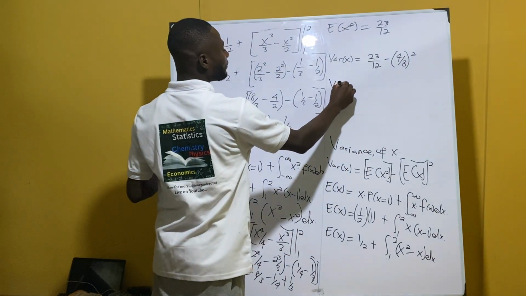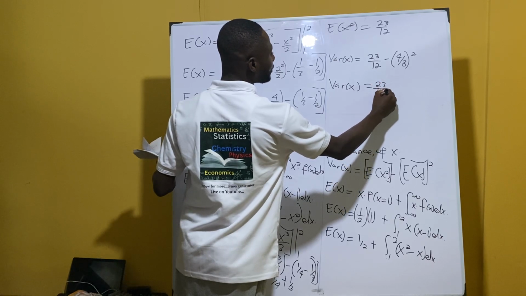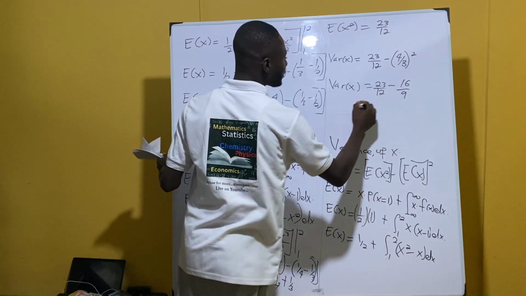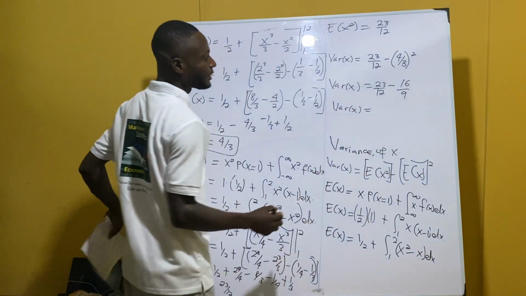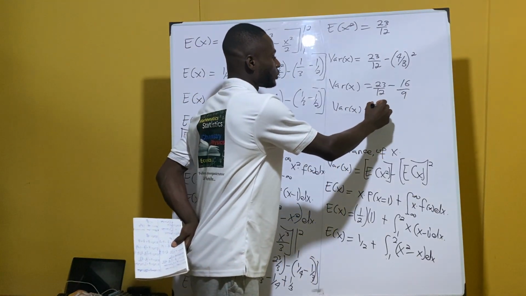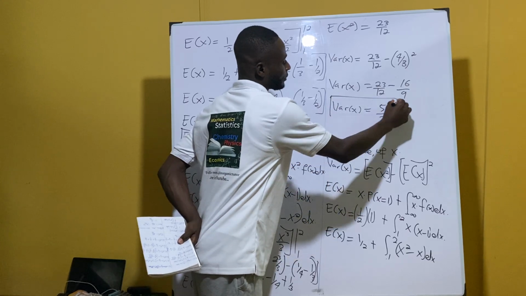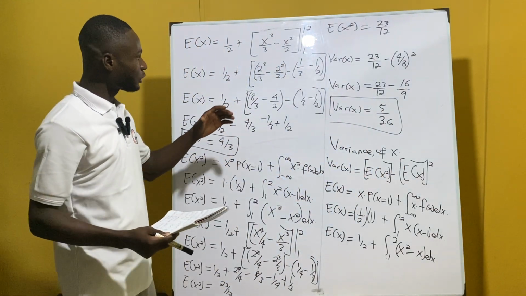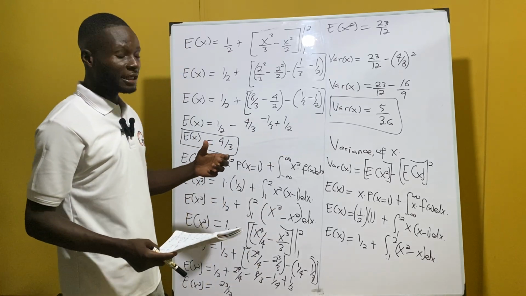So we have the variance of x equals 23 over 12 minus 16 over 9, right? Therefore, the variance of x is equal to 5 over 36, right? So now we have been able to find the variance of the function given.